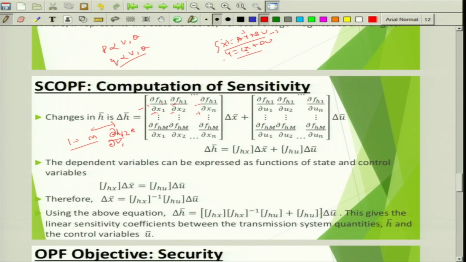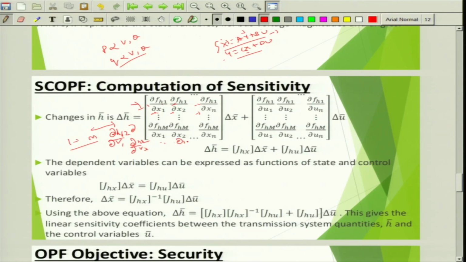Similarly, the first row of the matrix contains all those entries where there is a dependency of this particular dependent variable with respect to every state variable. Then the next column entry could be dou h12 by dou V2.